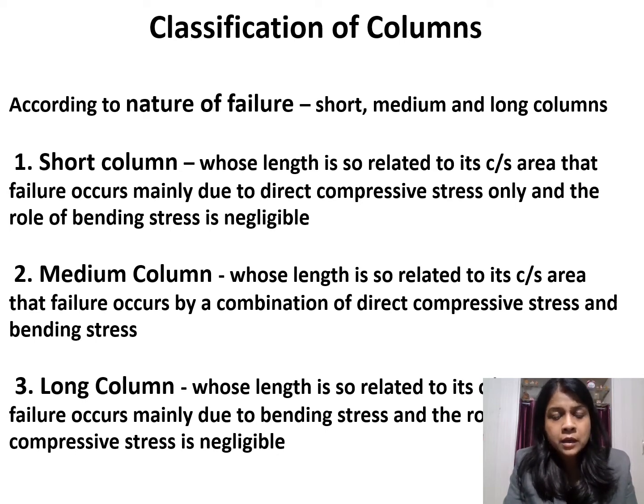That's why in such a column, the compressive stress as well as bending stress will occur. So the failure of the column will occur due to the combination of the direct stress or compressive stress and the bending stress.